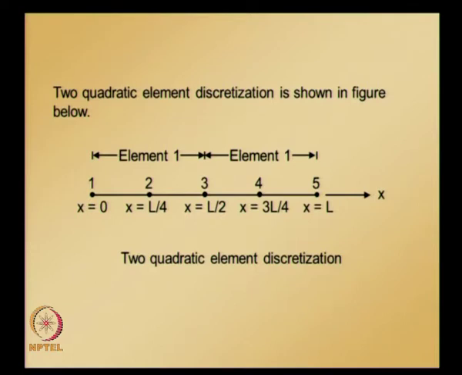The domain 0 to L is discretized using two quadratic elements, for a total of 5 nodes, and all nodes are equispaced.